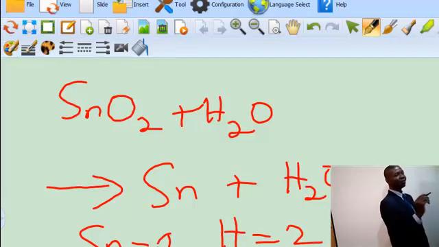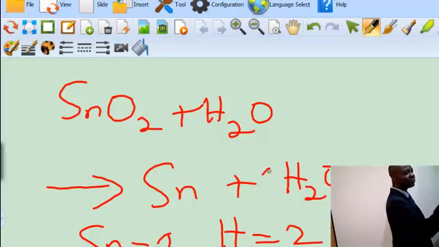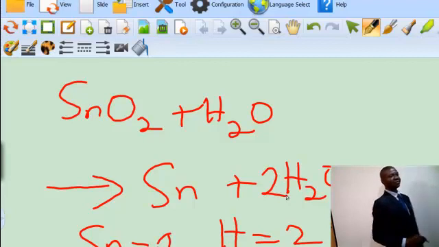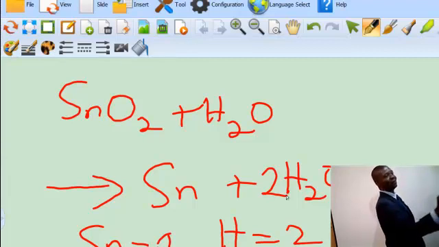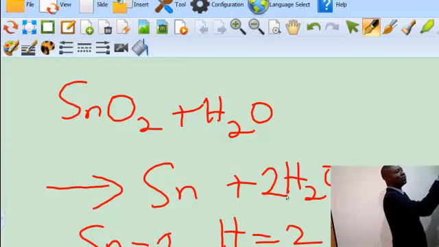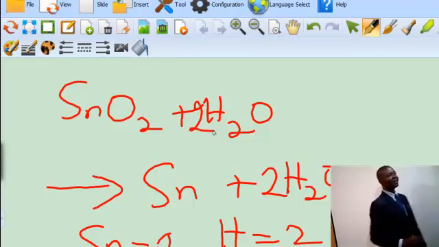Now, let's first of all put 2 here. By the time we put 2 here, we discover that our oxygen is now 4, while our hydrogen is now 4, while our oxygen is 2. Now, we put 2 here in order to balance the hydrogen.